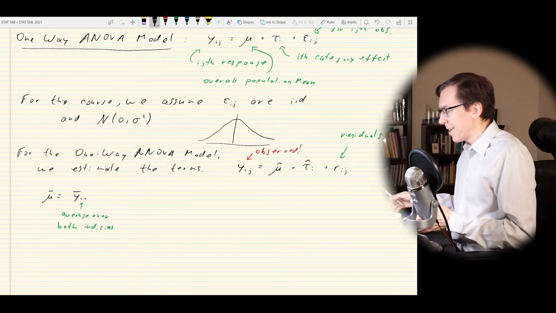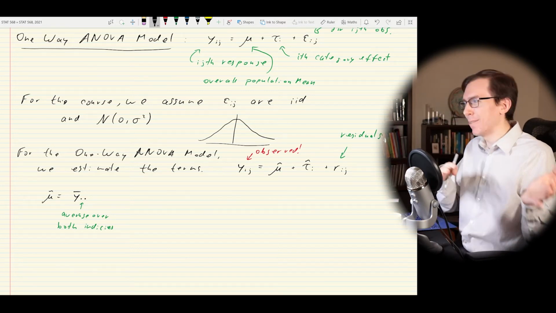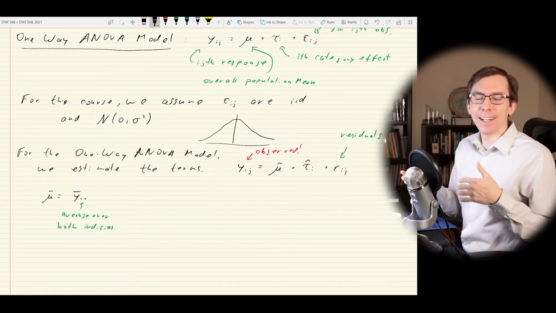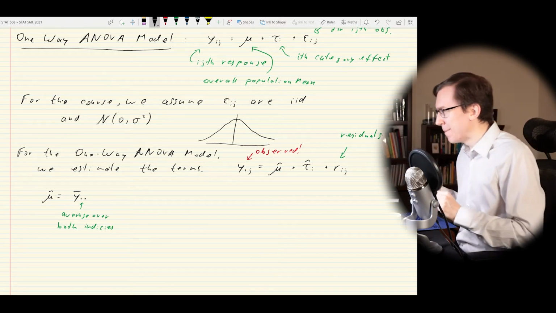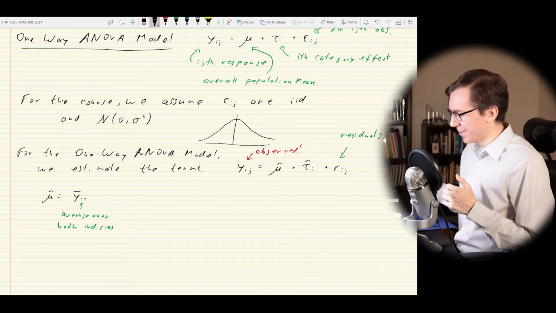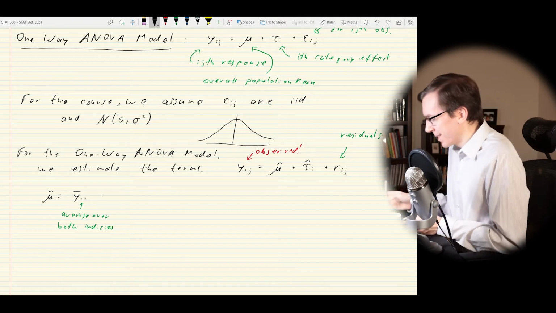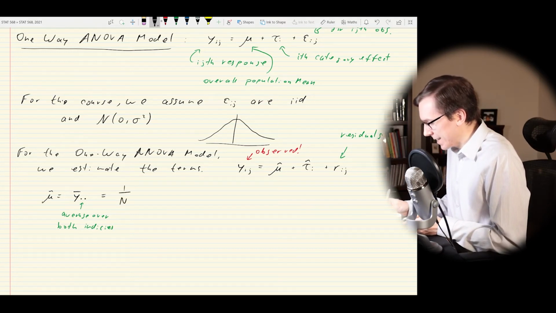And this notation is going to be really useful because we're going to be averaging over the i's, we'll average over the j's. There's going to be later where we'll have k's and l's and even more indices. It's going to be kind of a mess at some points, but the idea is that we want to have a notation we can work with. So in this case, all we're saying is average over all the i's and all the j's.